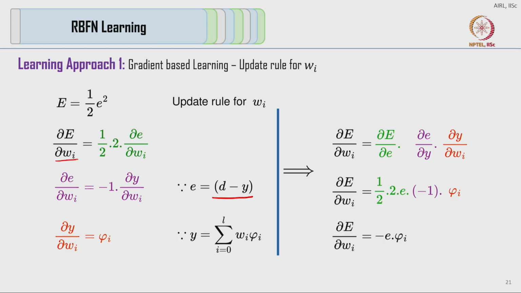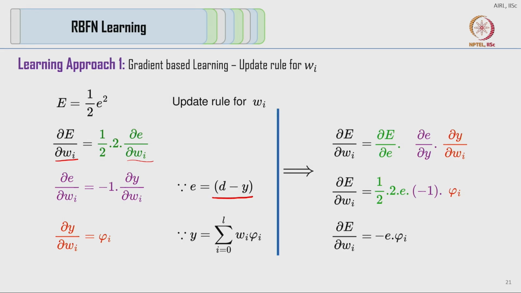First I wanted to find the update rule for Wi. Dou E by dou Wi, if I am differentiating E, is 1 by 2 times 2 times e times dou e by dou Wi. What is dou e by dou Wi? The error is D minus Y, D is the ground truth, Y is the predicted value. So you will get minus 1 times dou Y by dou Wi.